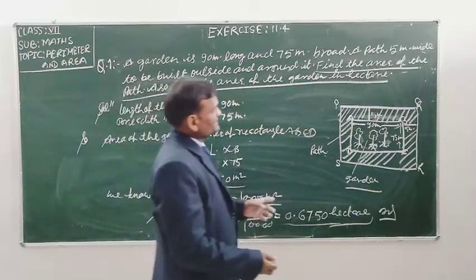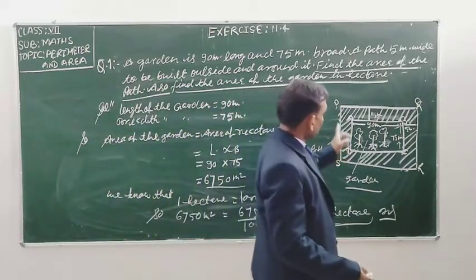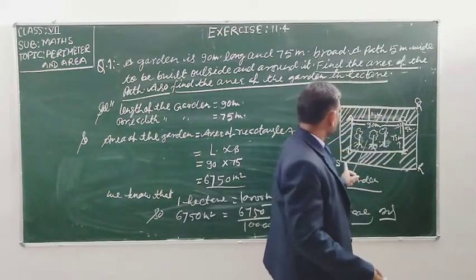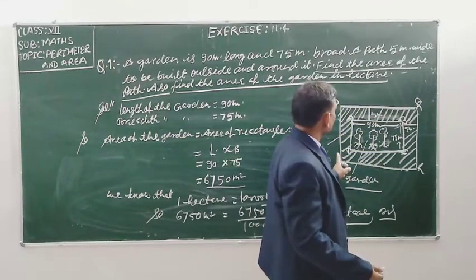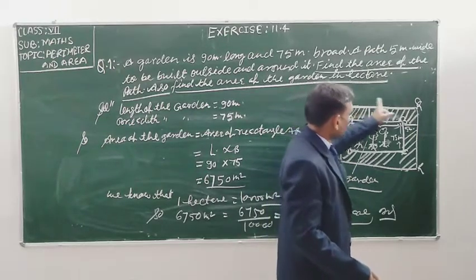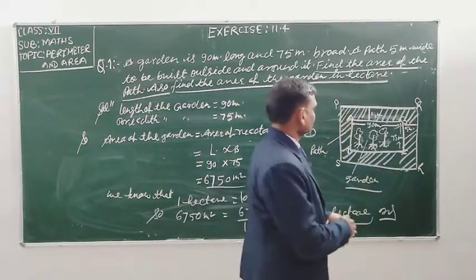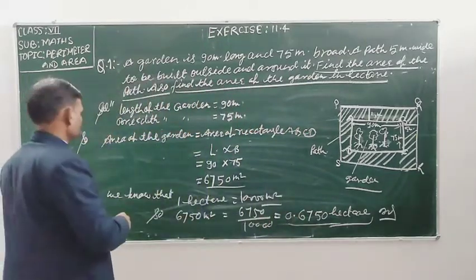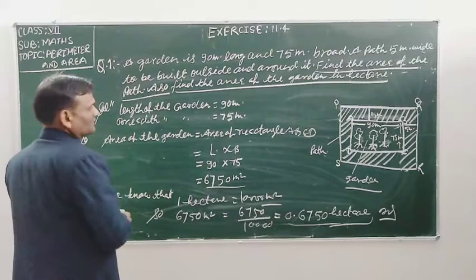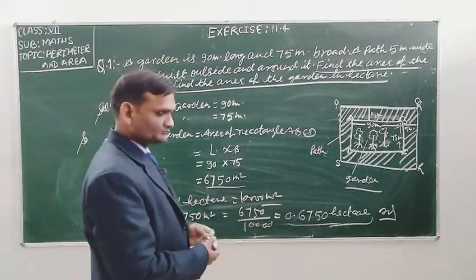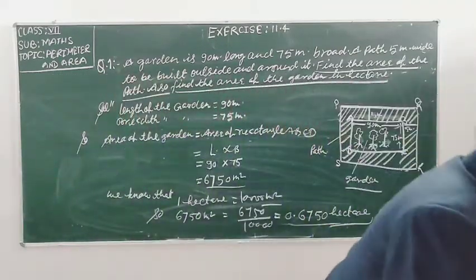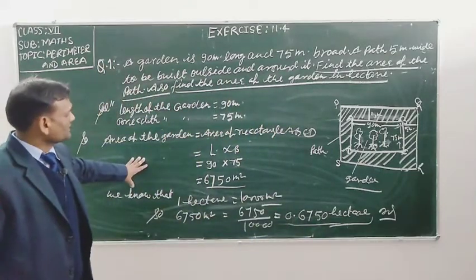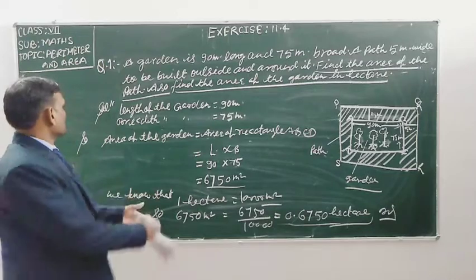Otherwise you can write like this: length of the rectangle PQRS. So the length of the path you can write like this. Students, there is no space, so if you want you can take the screenshot, and I am going to erase it.